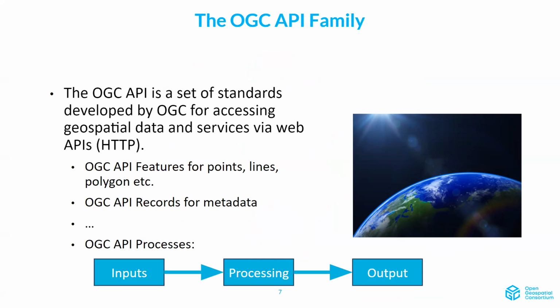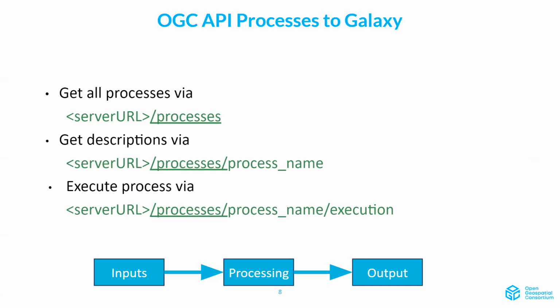Another one is OGC API Records, which is in charge of metadata. And we also have OGC API Processes, which work very similarly to Galaxy tools. They take some input, do some processing, and provide some output. So the obvious question is, how can we get these processes into Galaxy? This is what I will talk about in the rest of this talk.